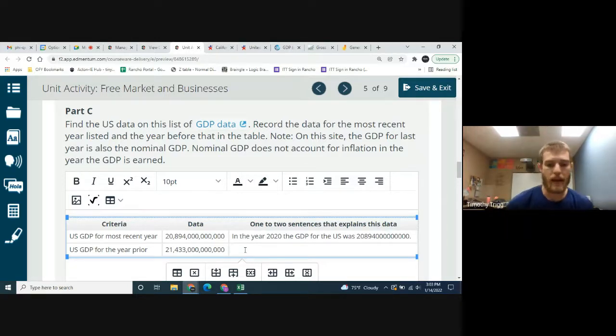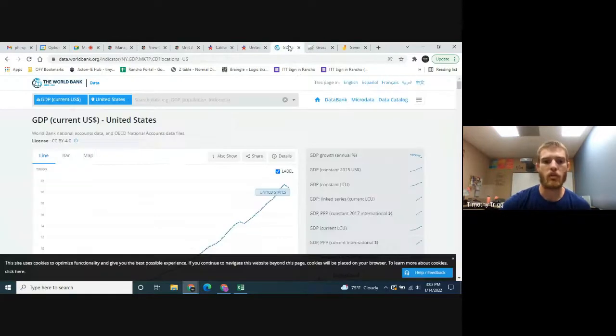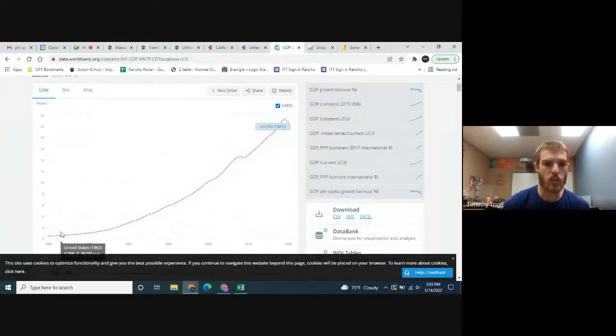But this isn't that bad because in 2020, we did have that big economic downturn from the pandemic. So it's not that surprising that the GDP went down a little bit, but it didn't go down a huge amount, right? But you can see from this chart, GDP is generally increasing year over year, which is generally a good thing for an economy.